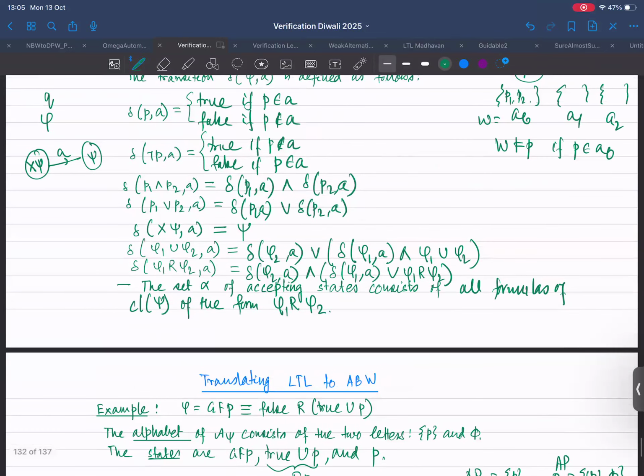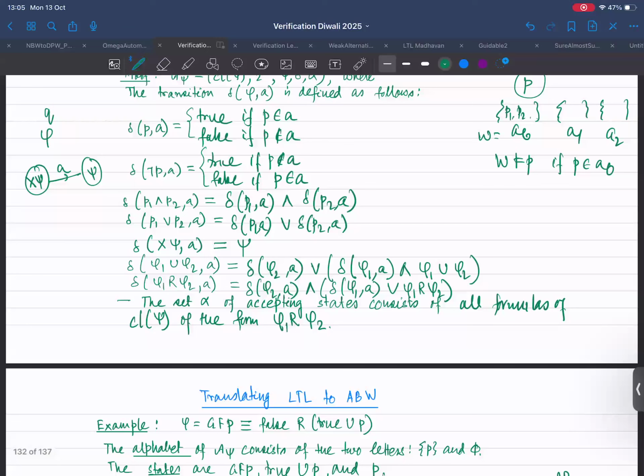Right. Can you go back to the previous page once? So I was imagining it in terms of the Kripke structure, how it will look. So this delta of P1 and P2 comma A is equal to delta of P1 A and delta of P2 A. So there is a state P1 and a state P2.